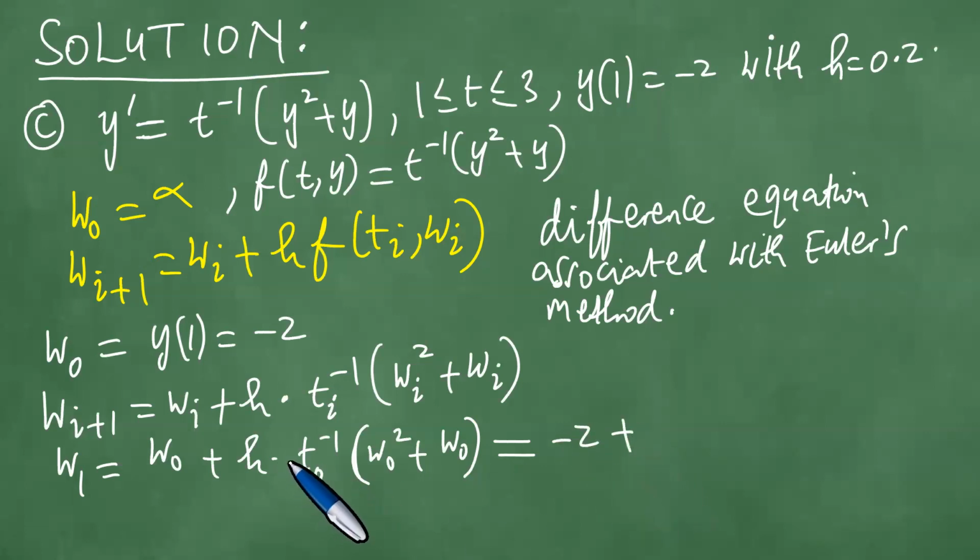Okay, let's look at H. All right, 0.2. What is T0? T0 is 1. So anyway, 1 to the power -1, just 1, just writing that. And then now you have W0 -2.